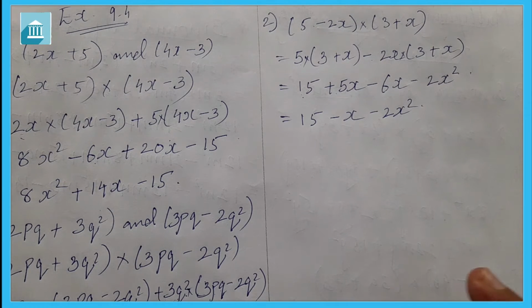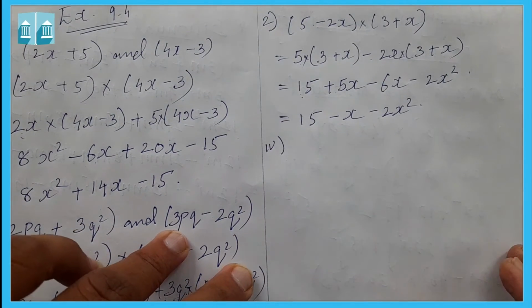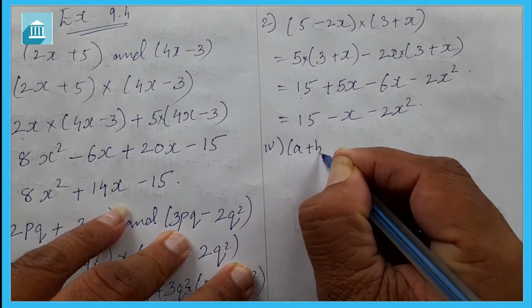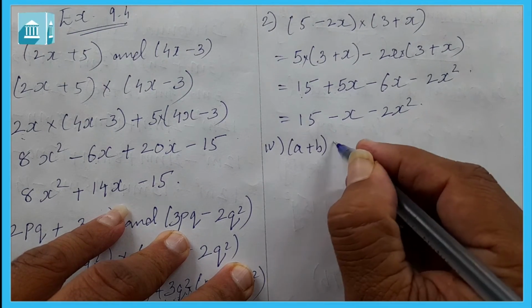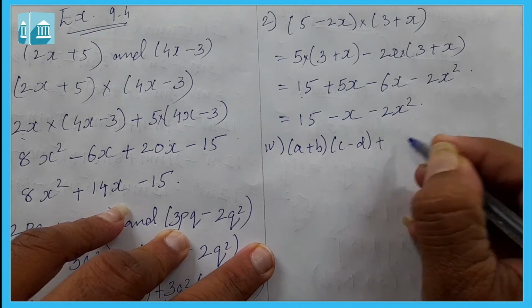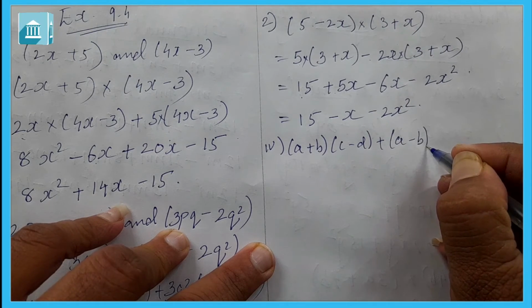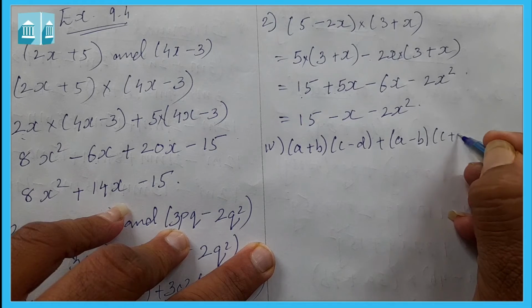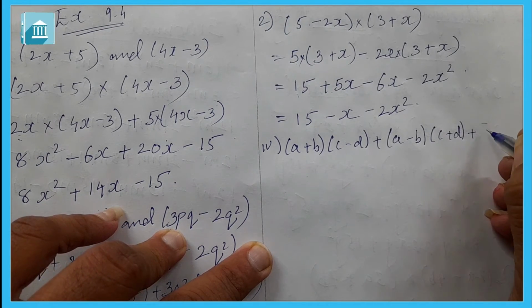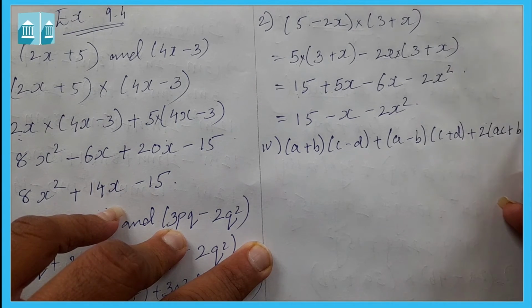In the same way, let us do the fourth one. The fourth one here is a plus b into c minus d plus a minus b into c plus d plus 2 into ac plus bd.